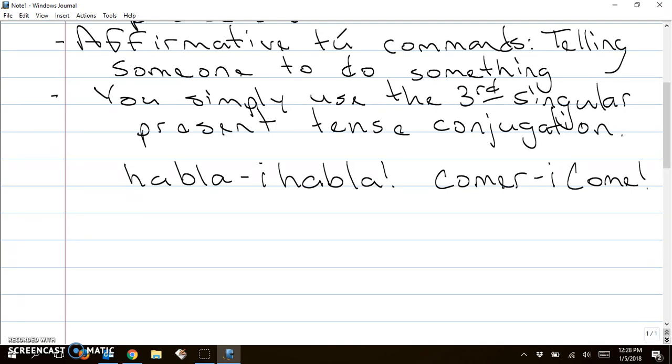Now, that does also include stem changers. For instance, dormir, to sleep, would be duerme. Okay? So any irregularity that goes on in the third person will carry over here, such as stem changers. I don't believe there's any other irregularities that happen there.